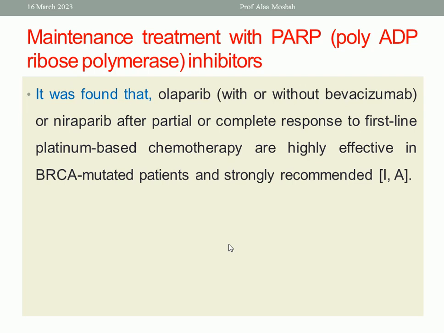Either using olaparib with or without bevacizumab, or niraparib, after partial or complete response to first-line platinum-based chemotherapy. These drugs are highly effective in BRCA gene mutation. But remember, this patient should have partial or complete response to first-line platinum-based chemotherapy.